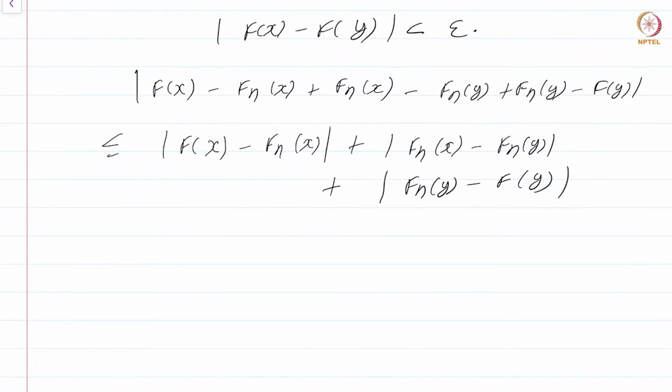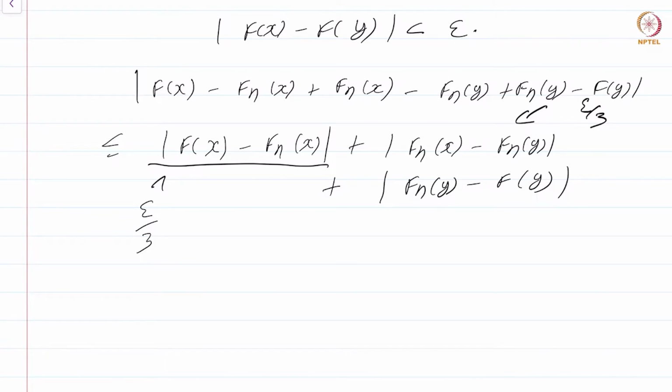Now if you look at these terms carefully and ponder for a few minutes, you might be deluded into thinking that this professor is saying nonsense. The limit function f is certainly continuous. Why? Because |f(x) - f_n(x)| can be made less than epsilon by 3 simply because f_n(x) is converging to f(x). The middle term |f_n(x) - f_n(y)| can be made less than epsilon by 3 by choosing delta appropriately, because the f_n's are continuous.